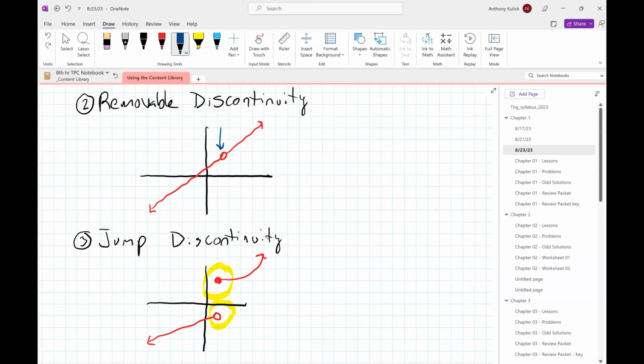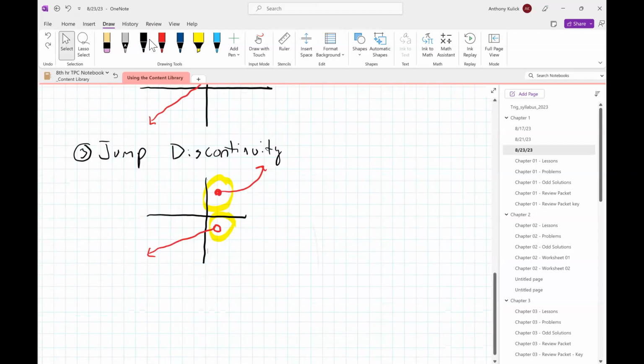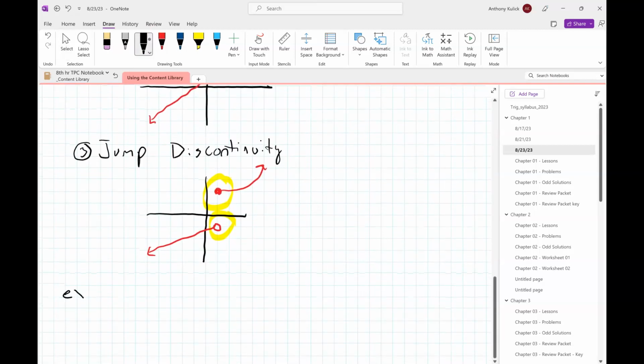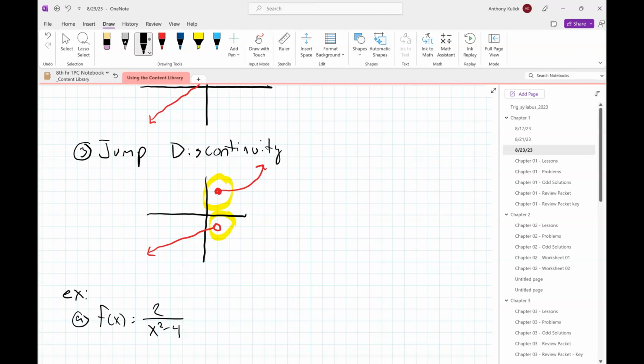Okay. So let's do a quickie little example here. Let's look at a couple of examples.